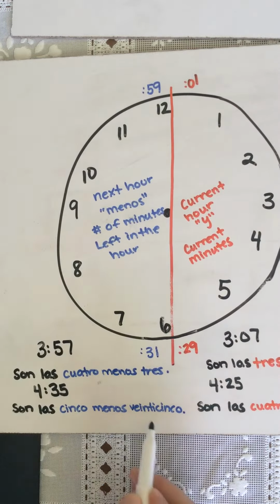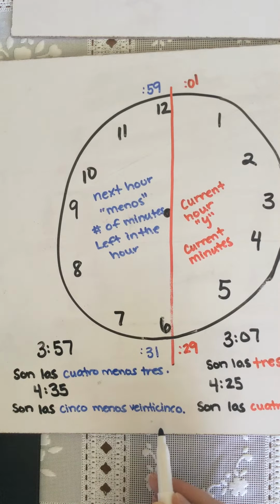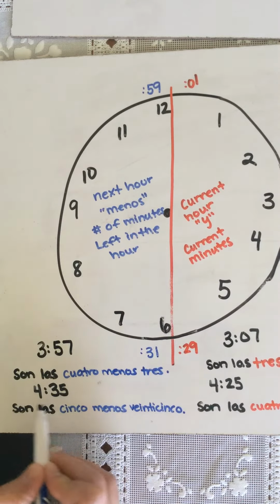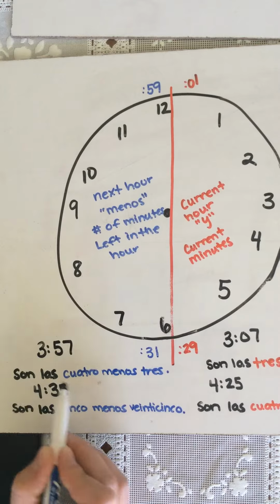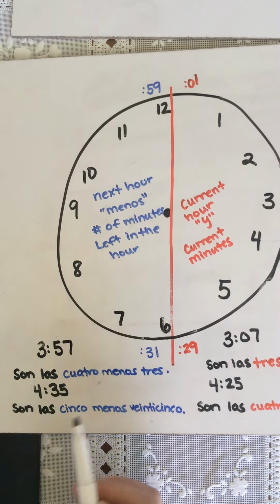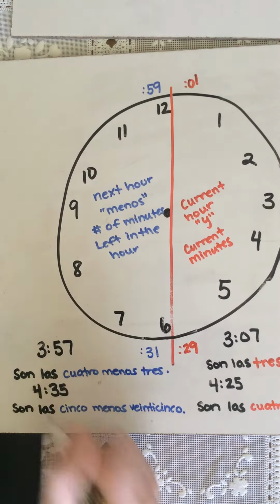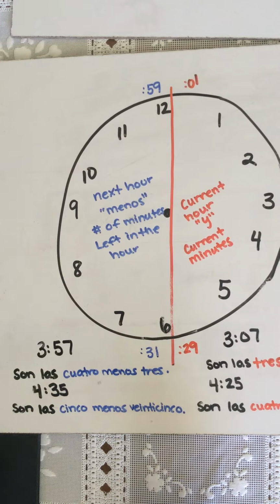So now I'm saying literally it's 25 minutes to 5. Son las 5 menos 25. Now again, it will not be uncommon where we live to hear people say son las 4:35. But the Spanish Academy states that once it's past 30 minutes, we need to subtract from the next hour.